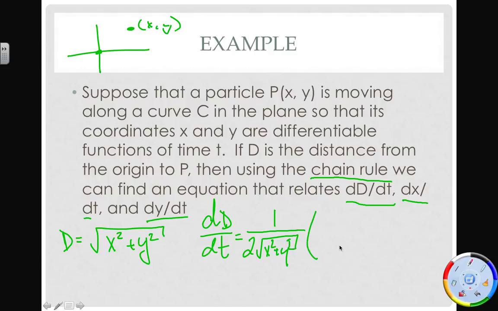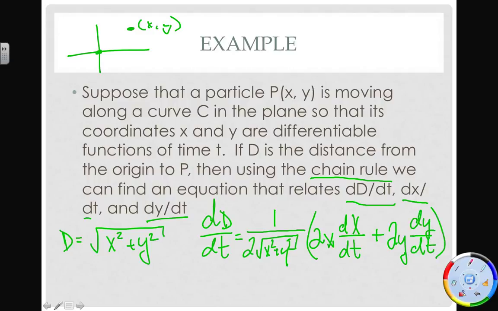But we have to do the chain rule also. The chain rule tells us to take the derivative of the inside piece as well. The derivative of the inside piece is the derivative of x squared, which is 2x. But we're not taking the derivative with respect to x, we're taking it with respect to t, so implicitly that says I need a dx/dt, and when I take the derivative of y, I also have to do the same thing with dy/dt.